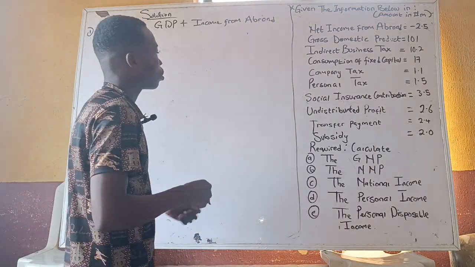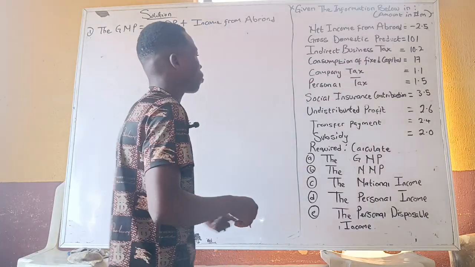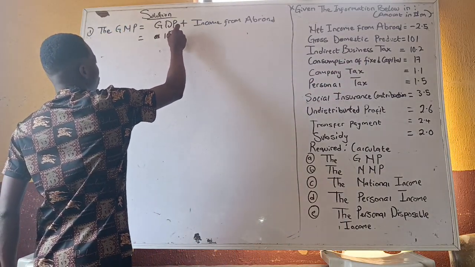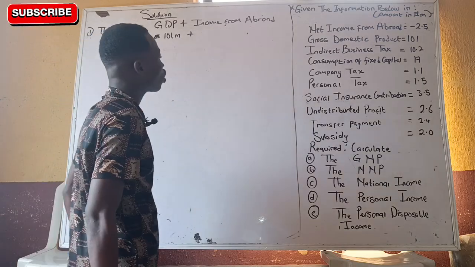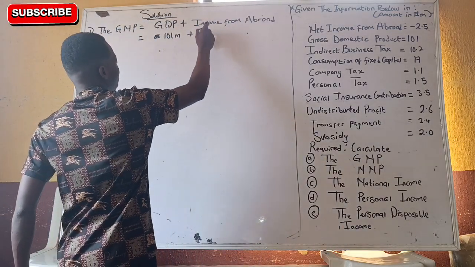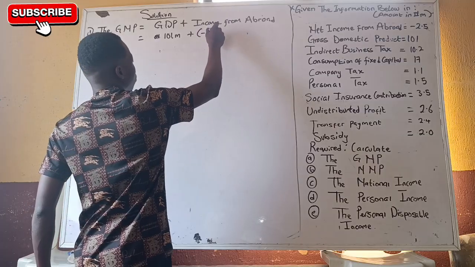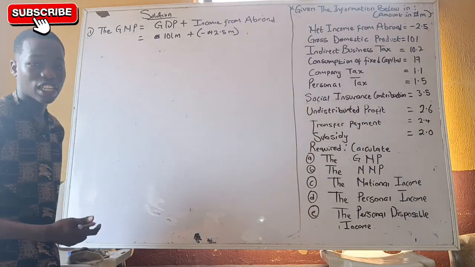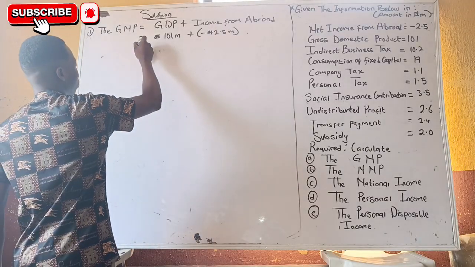Therefore, we are given the GDP, which is the gross domestic product, to be naira 101 million plus the income from abroad, that is minus naira 2.5m. And when you multiply this together, it's going to give us minus, right?